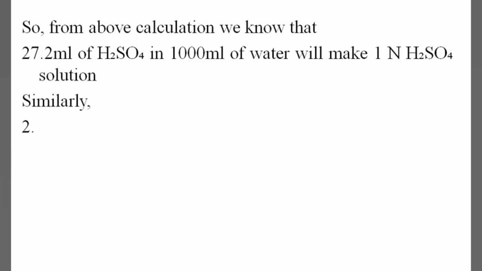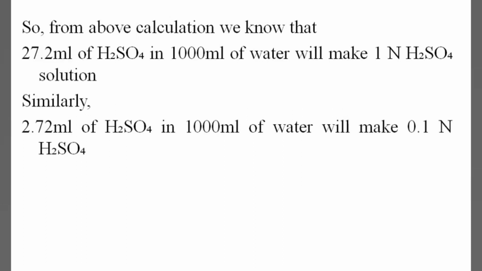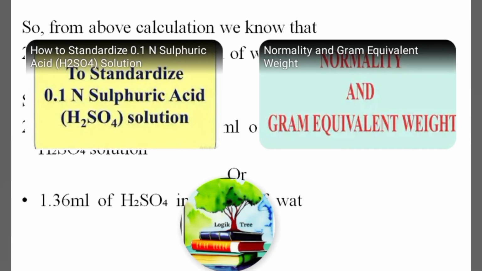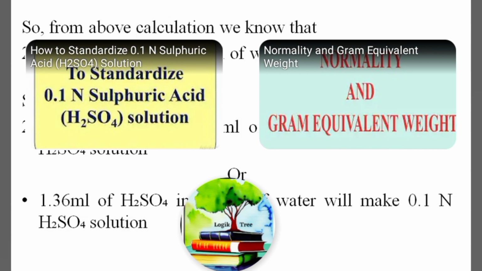And similarly, 2.72 ml of H2SO4 in 1000 ml of water will make 0.1 normal H2SO4 solution. Or we can say that 1.36 ml of H2SO4 in 500 ml of water will make 0.1 normal H2SO4 solution.